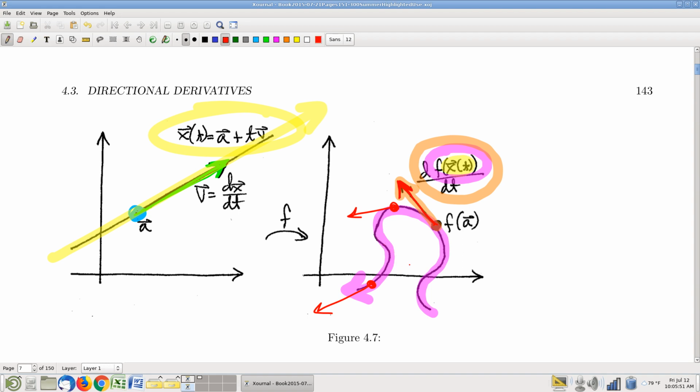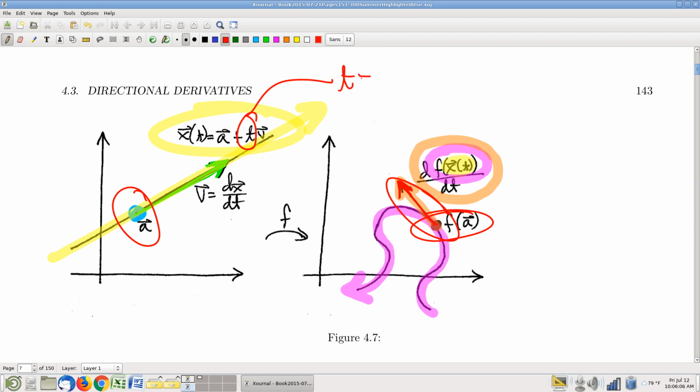Well, I want that one. I want the velocity when my output is at f of a, therefore when my input is at a, and therefore when t is equal to 0. So it is at the moment when t is equal to 0 that I'm interested in that formula.